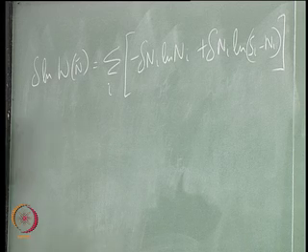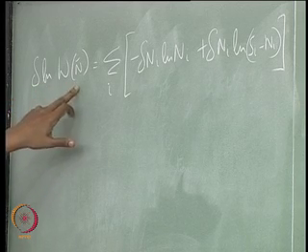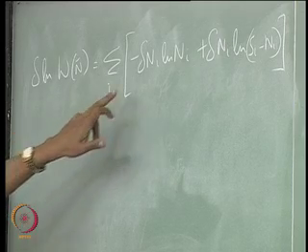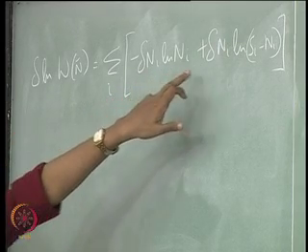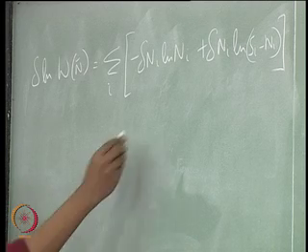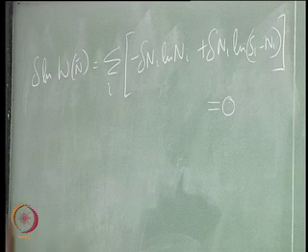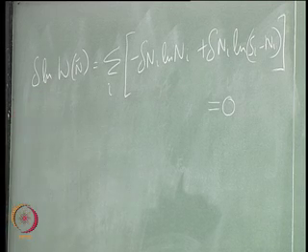So if you look at what we have just put down, del ln W n bar is simply the sum over i of minus del ni ln ni plus del ni ln Si minus ni. And this is equal to 0 because we have reached a maximum, or we are looking for the condition of maximum, and when the maximum is reached this is going to be 0.